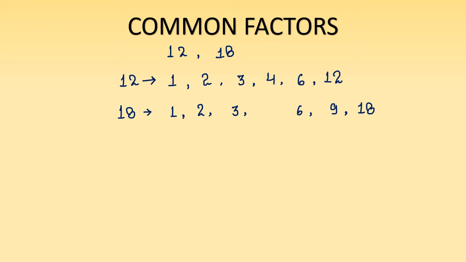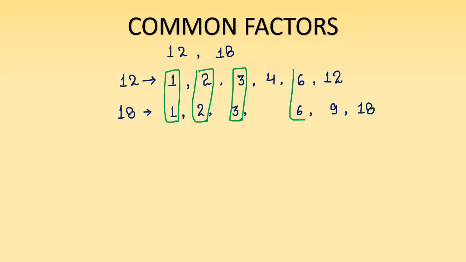So you can observe that a few factors are common in both the numbers, like 1. 1 is a common factor of all the numbers. Then we have 2 as a common factor here, then 3, then 6.